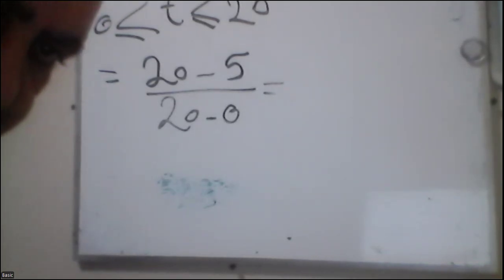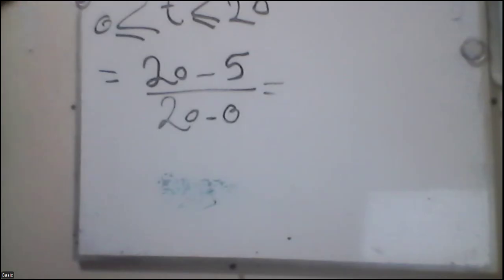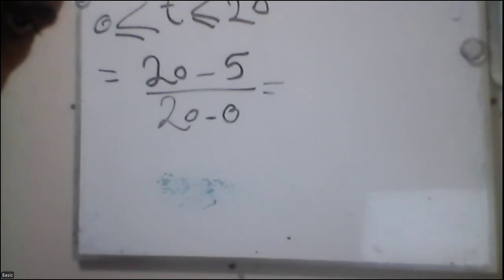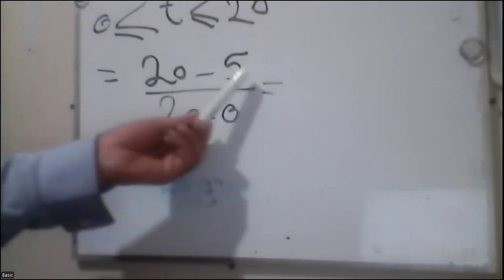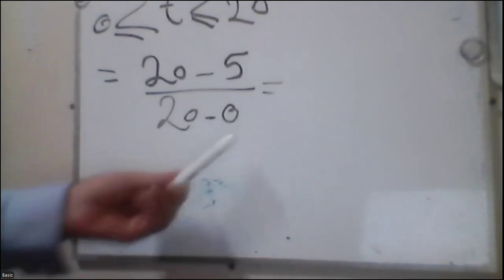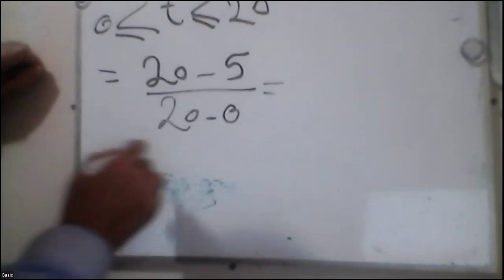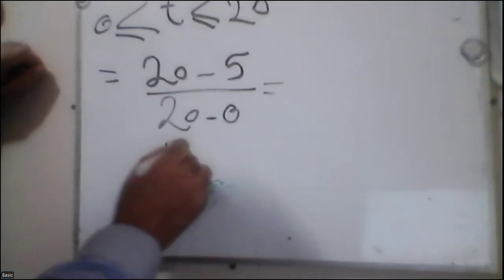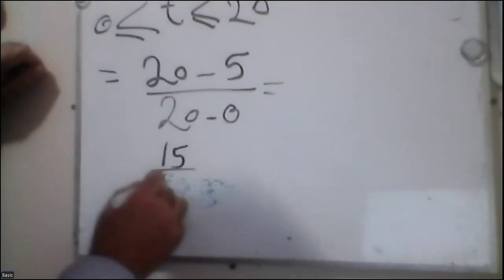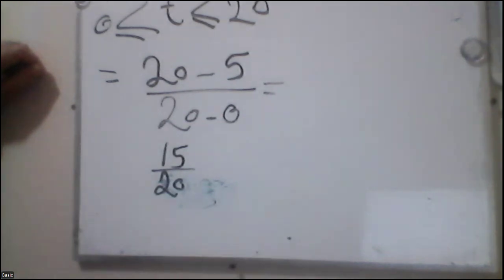So 20, that will equal the 20,000 minus the 5,000 divided by 20 minus 0. This 20,000, like we said, will equal 20 minus 5, that is 15, divided by 20.